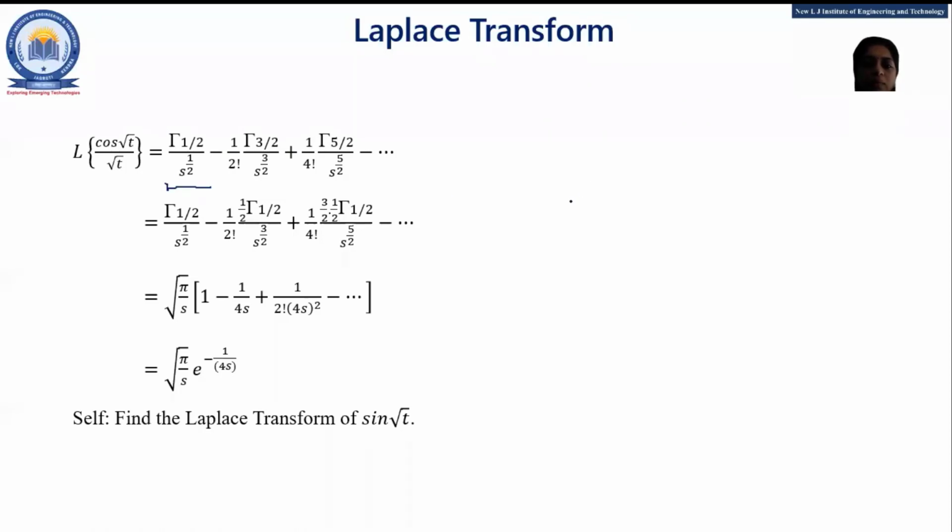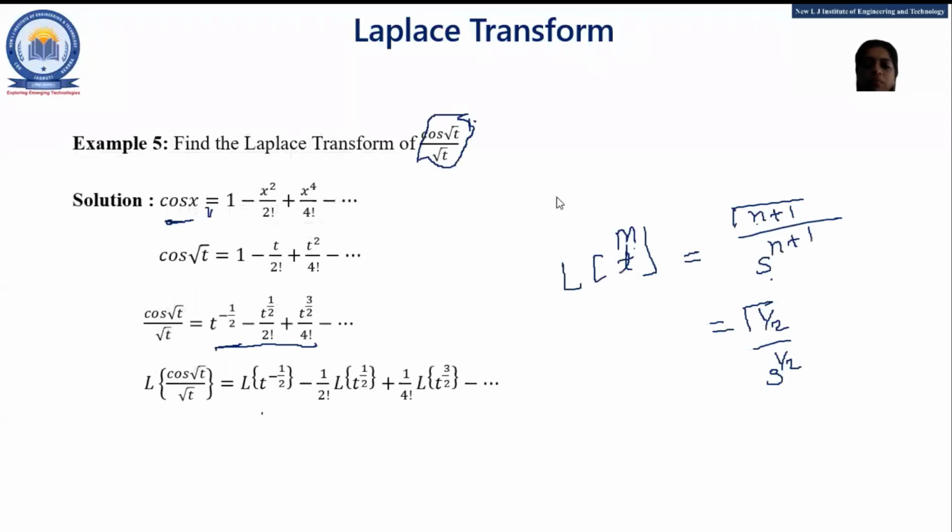Similarly, for the second term, our n is 1 half. If I apply plus 1 half in this formula, then gamma of 1 half plus 1 upon s raised to 1 half plus 1. So now my numerator is gamma 3 by 2 and denominator is s raised to 3 by 2.